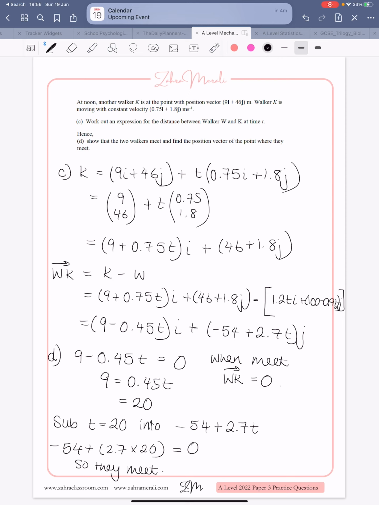So when t equals 20, I had 1.2t i plus 100 minus 0.9t j, and I'm going to sub in t as 20, not 2. So I'm going to end up with 24i plus 82j. So that is my position vector of where they meet.